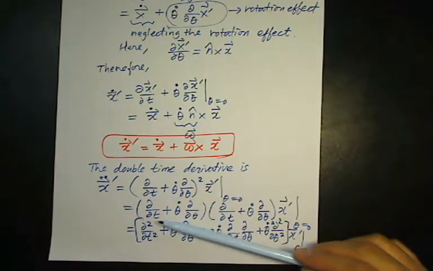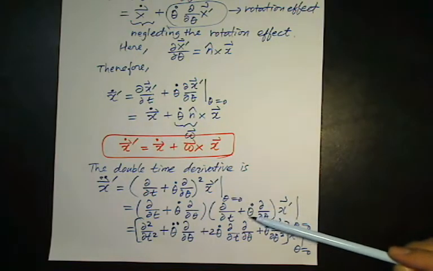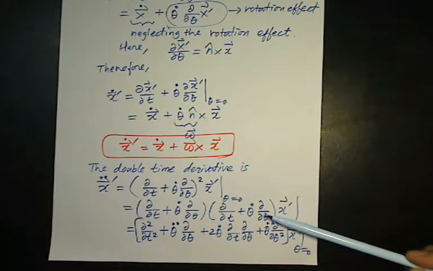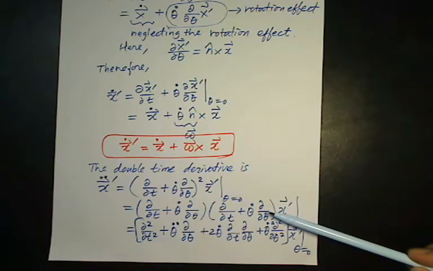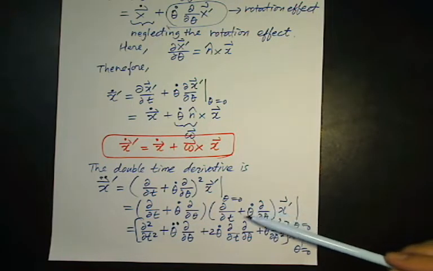If I take the time derivative of this front vector, we have a double time derivative, and then a single angular partial derivative, and then it can pass this one.